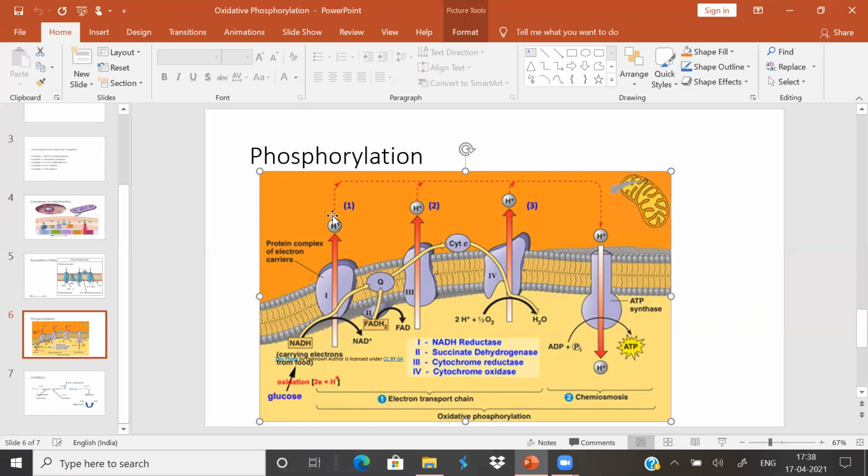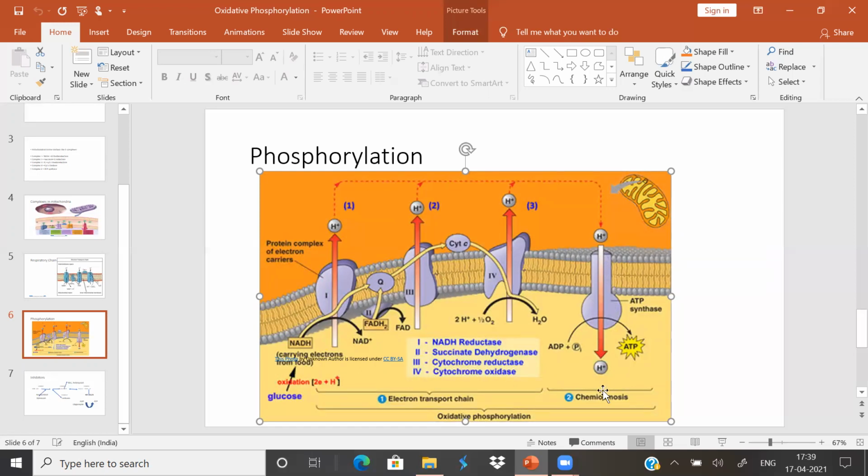So these protons form the proton gradient, where the intermembrane space becomes protonated, and inside the matrix it becomes negatively charged. And this proton gradient moves the protons through complex 5, and they enter through the proton channel into the matrix.